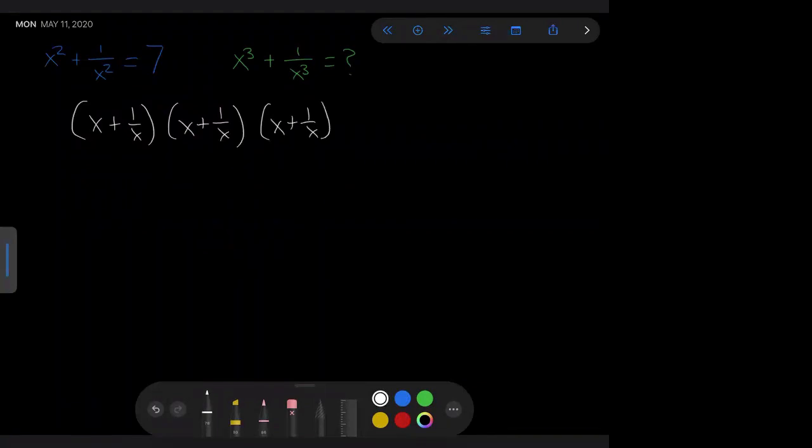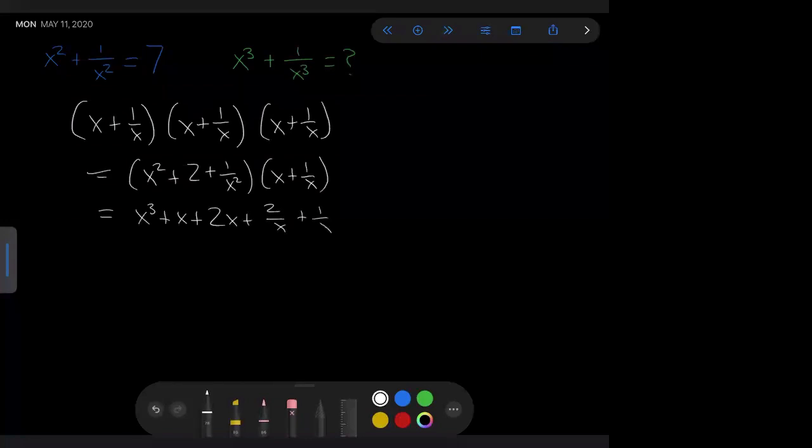If we expand it all the way, we get x cubed plus x plus 2x plus 2 over x plus 1 over x plus 1 over x cubed. And this simplifies down to x cubed plus 3x plus 3 over x plus 1 over x cubed. Now look again.